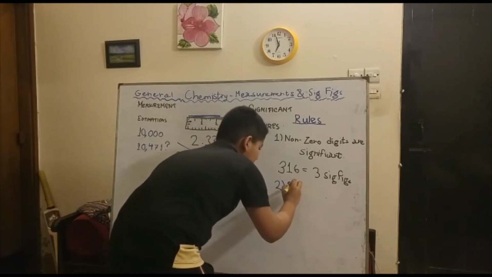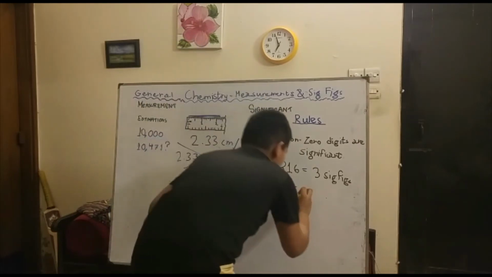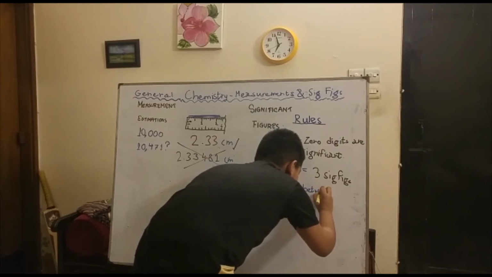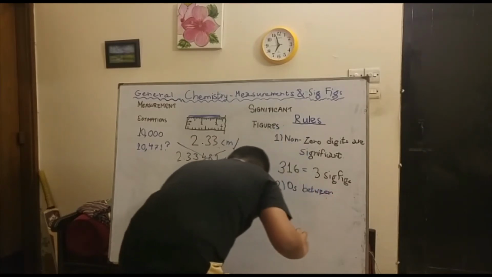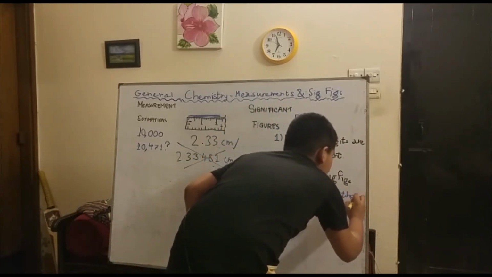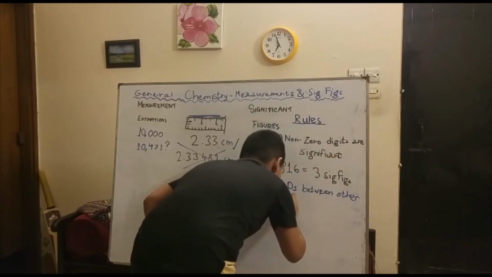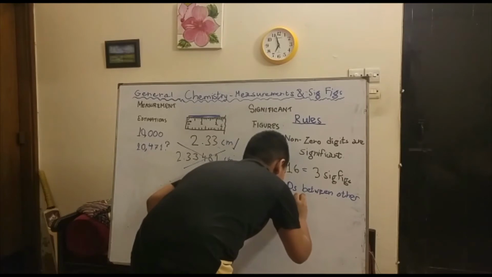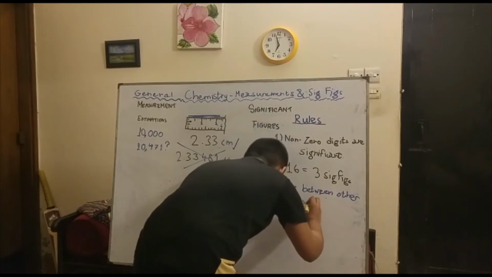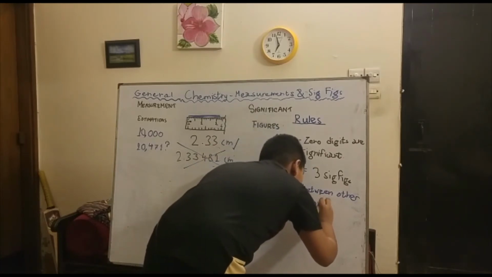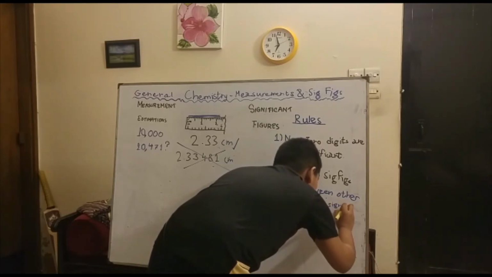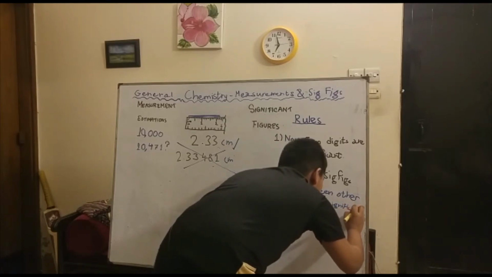Zeros, I wrote the short form here so that we can save time. Zeros between other digits are significant.